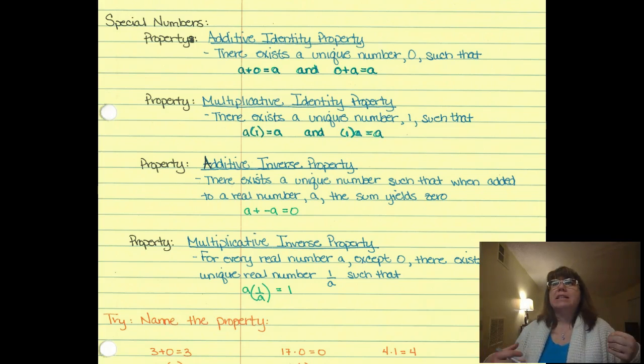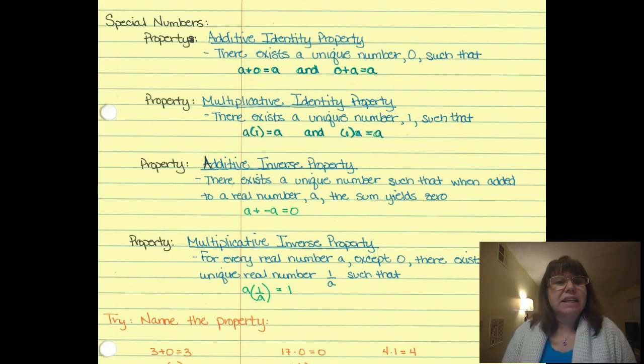So adding this very special number to anything doesn't change it, and that unique number is 0. We have the multiplicative identity property. There exists a unique number, 1, such that if we multiply any number by it, it doesn't change. So a times 1 is a, and 1 times a is a.